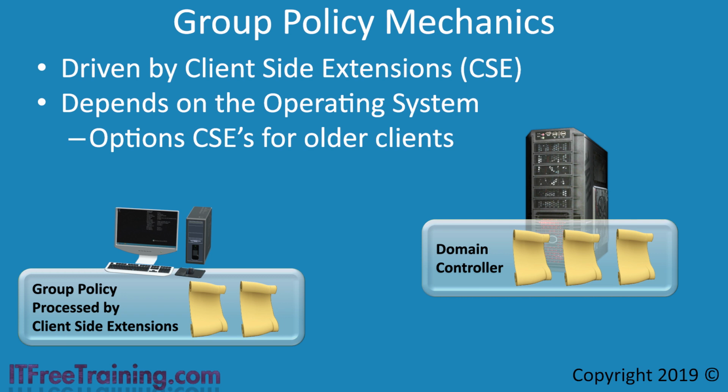If there is no client-side extension, or the client-side extension does not understand that setting, the setting will simply be ignored. This allows you to configure group policy without having to worry about older clients not being able to process that setting. Once you start learning about group policy, you will find that it is a flexible system allowing backward compatibility as well as future development.